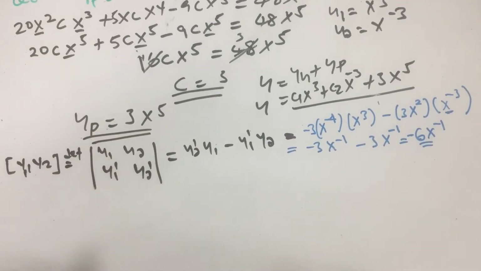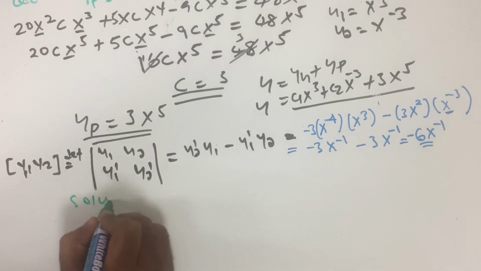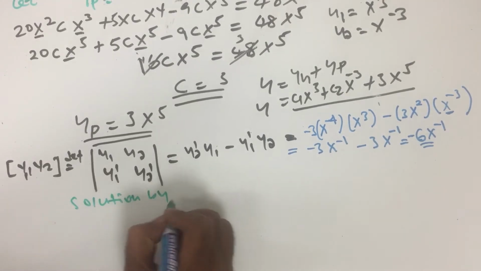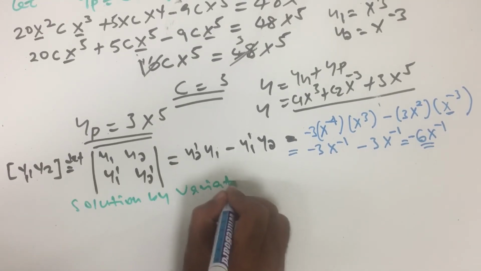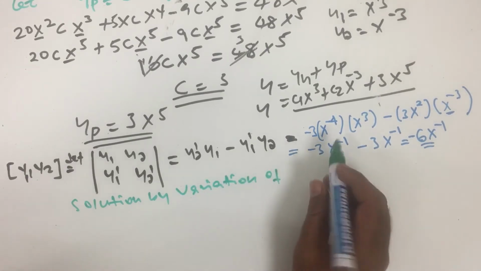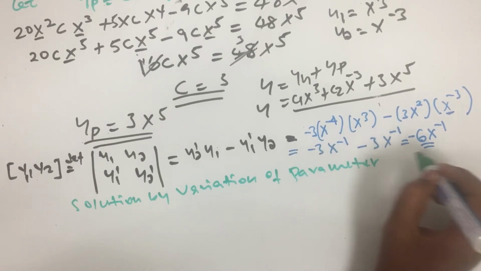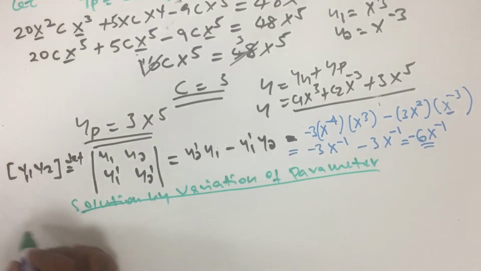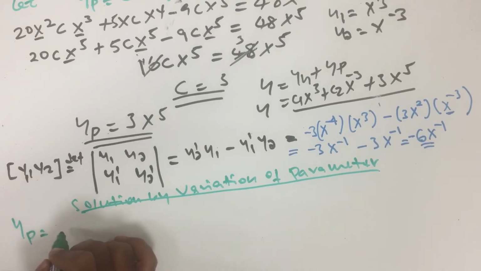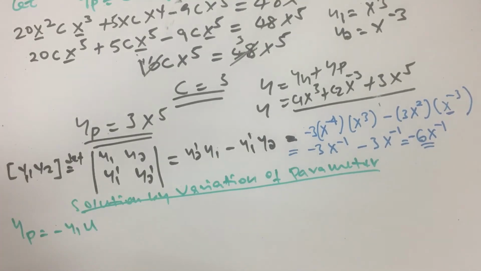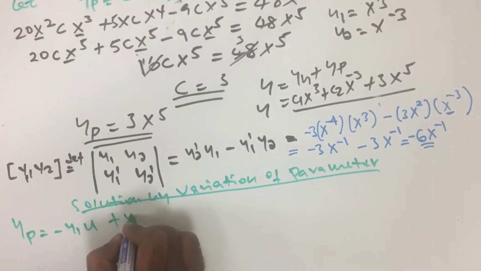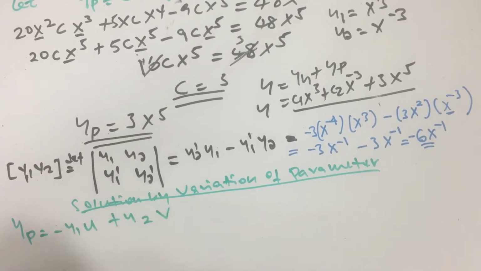So from this, the solution by the variation of parameters concept, you have the y particular equals minus y1 u plus y2 v. What are v and u here?